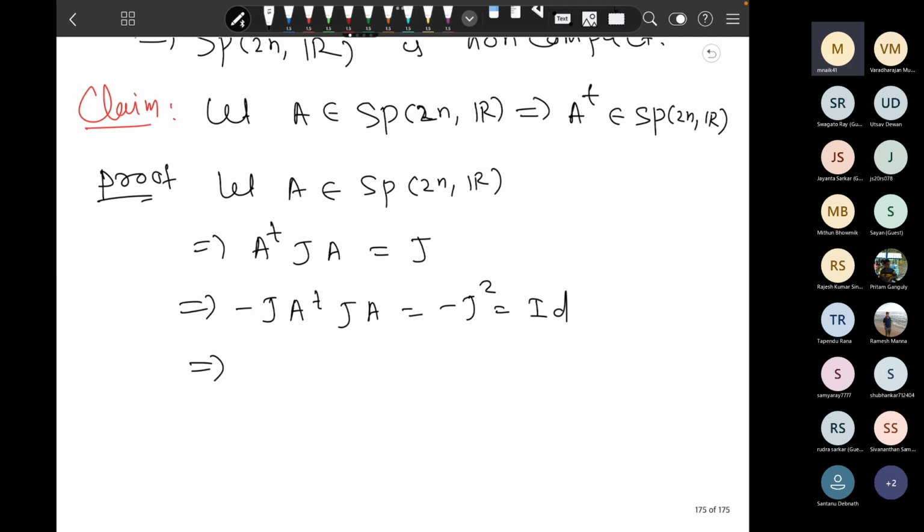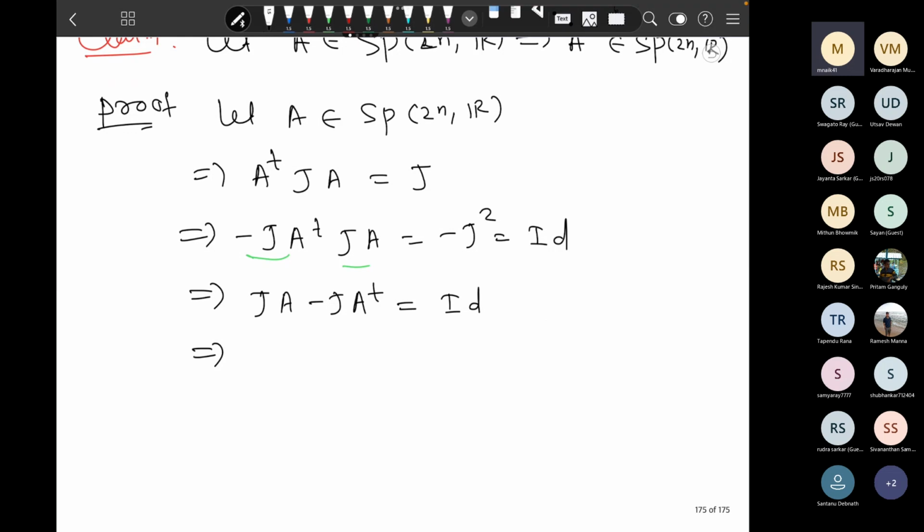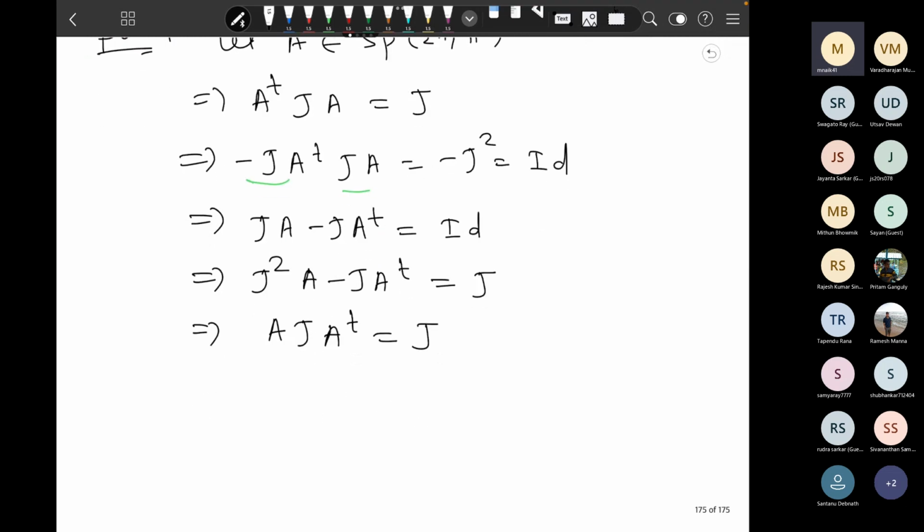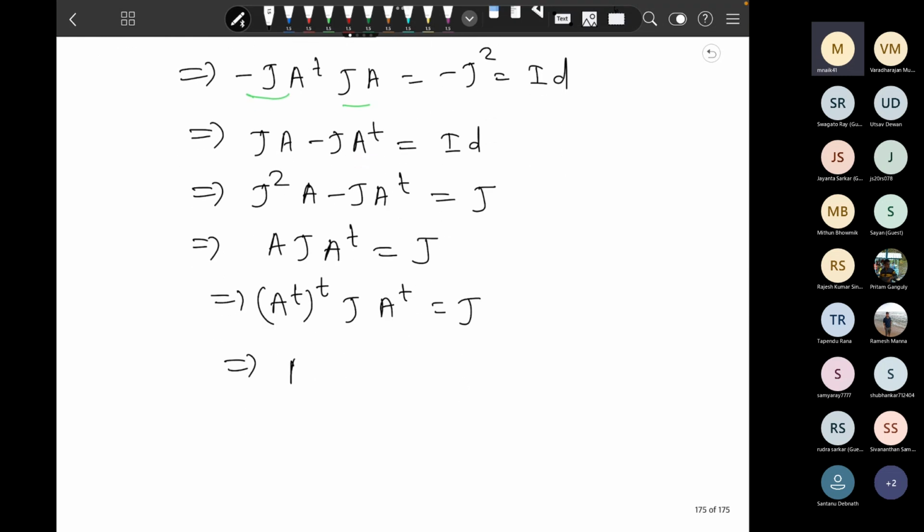So I again use the same kind of argument. So this will be J A minus J A transpose is equal to identity. Now you multiply by minus J again, so J square A J A transpose will be J, and J square is equal to minus 1, you use that, so A J A transpose is equal to J, so you will get A J A transpose is equal to J. So this implies A transpose belongs to Sp2n(R).